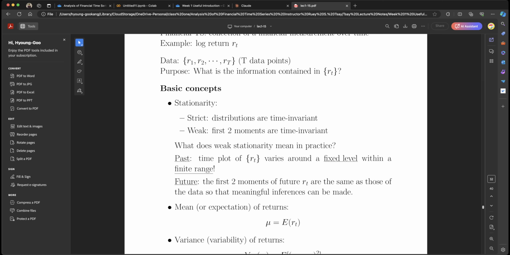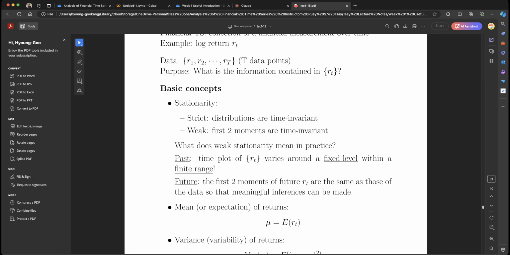The mean of x and the mean of x square. Okay, so the mean and variance. As long as they are time invariant, it is weak stationarity. So what does weak stationarity mean in practice? It means that the mean and variance are time invariant; they are from the same distribution, with the same mean and variance.